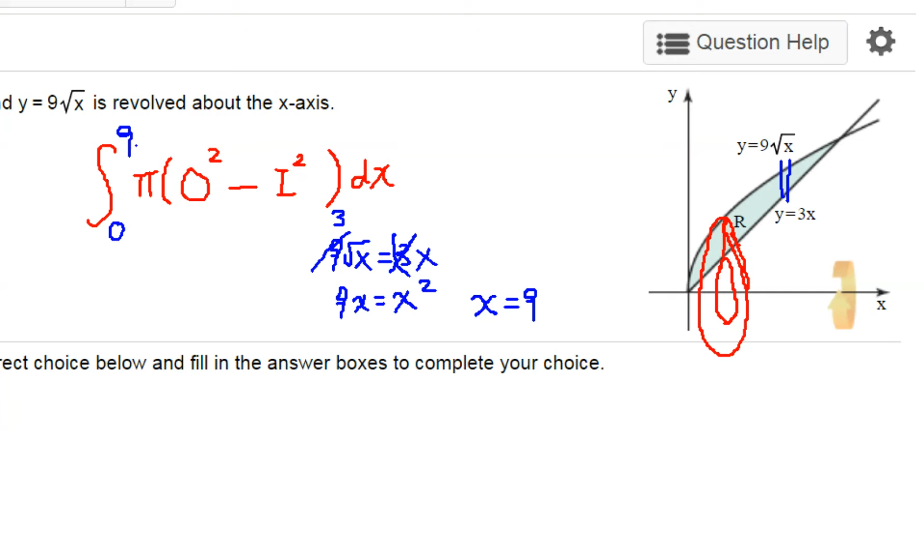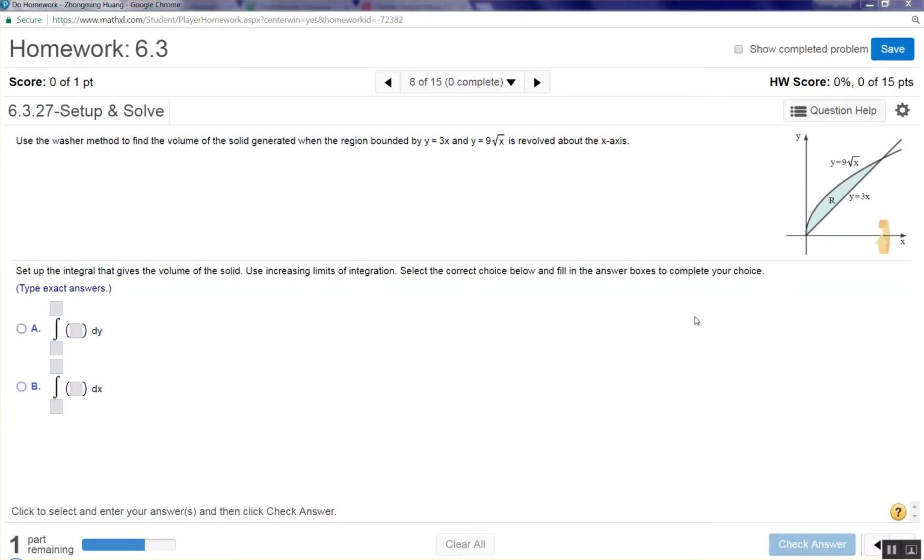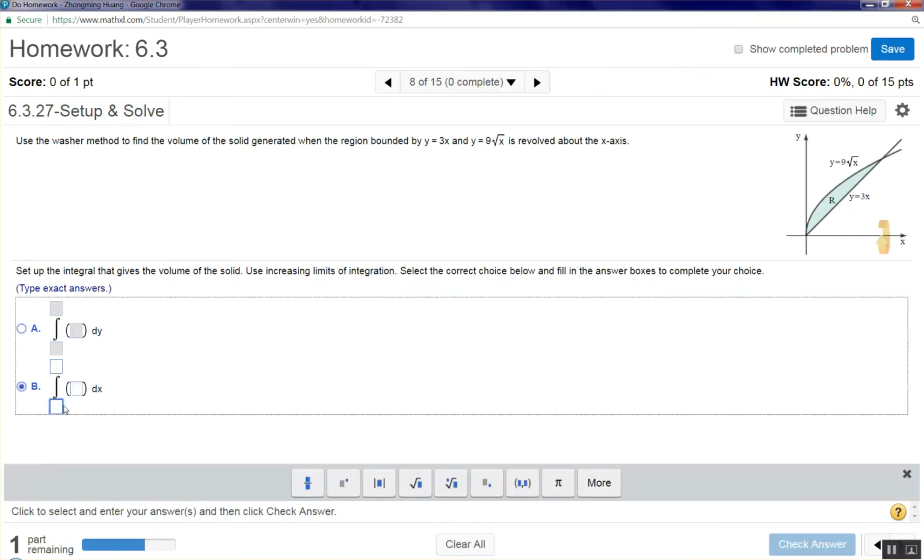So this is the integral that we have, right? And now let's type that in. So this is from 0 to 9. And this will be pi times the outer squared.